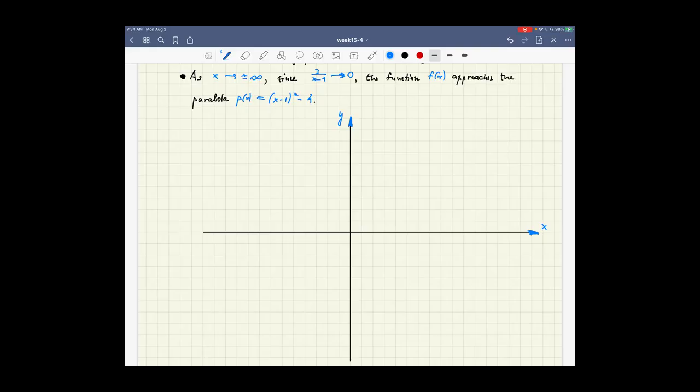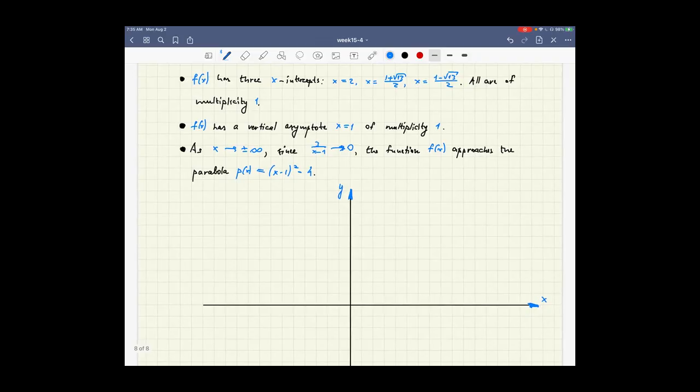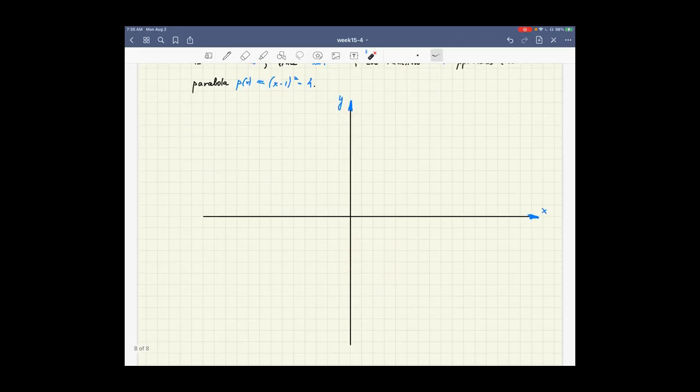All right, so let's start with the parabola. What do we know about it? It's pretty much the parabola x squared, which is first shifted by 1 unit to the right, and then shifted 4 units downward. Maybe I should use x minus 1 squared minus 4.